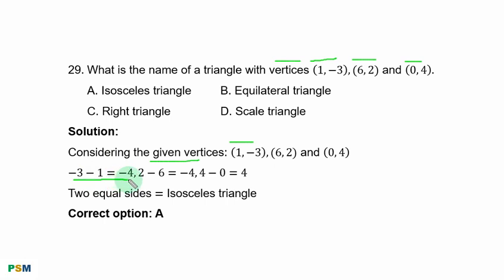For the second point, 2 minus 6 equal to minus 4. The third point, 4 minus 0 equal to 4. You see that two sides are the same, and such a triangle is an isosceles triangle. The correct option is A.